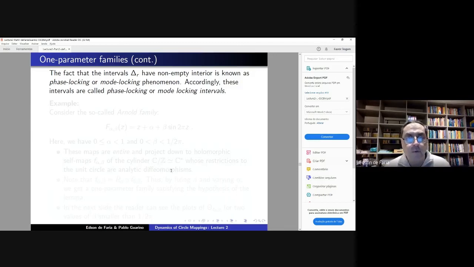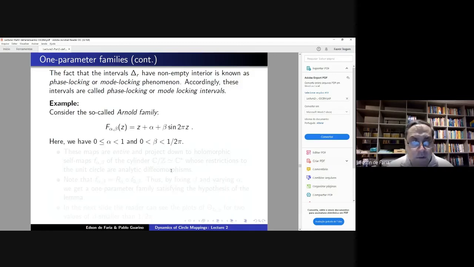So what is an example? The most famous example of a family of this type comes from a two-parameter family called the Arnold family. You start with this family of entire maps of the complex plane: F sub alpha beta of z equals z plus alpha plus beta times sine of 2 pi z.